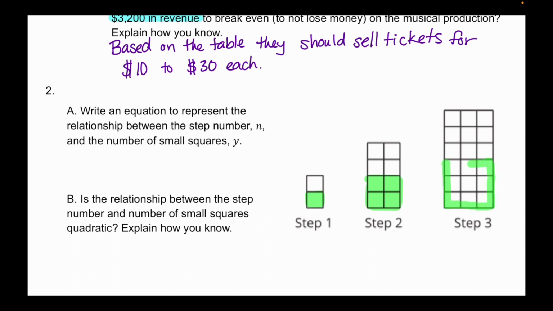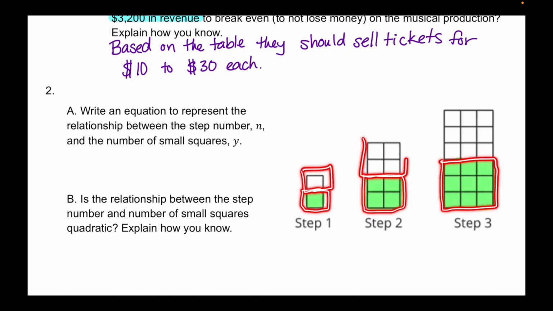Now that I have a green square and a white square, I have a green square that goes from being 1 by 1 to now being 2 by 2 and 3 by 3. I also have a white square that's 1 by 1, a white square that's 2 by 2, and a white square that is 3 by 3. So I have quadratic patterns here. It just so happens that I have 2 of them going on at the same time.